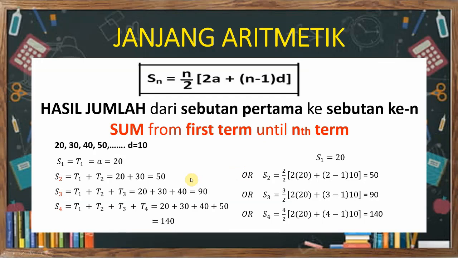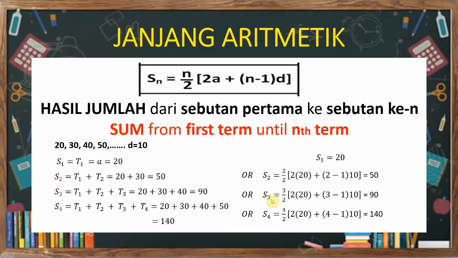Instead of using S2 equals T1 plus T2, we can use S2 equals 2 over 2 times (2a plus (n minus 1)d), again equal to 50. You will obtain the same answer by using the formula.